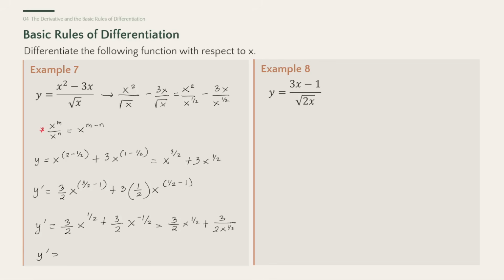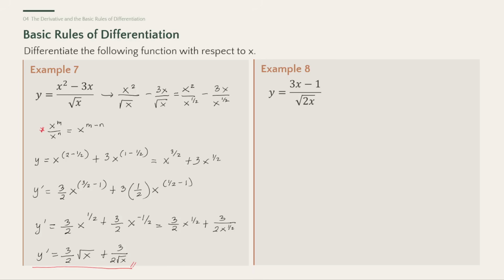Then finally, we just need to rewrite that as a radical. So we have 3/2 square root of x plus 3 over 2 square root of x. This is example number 7, the answer.